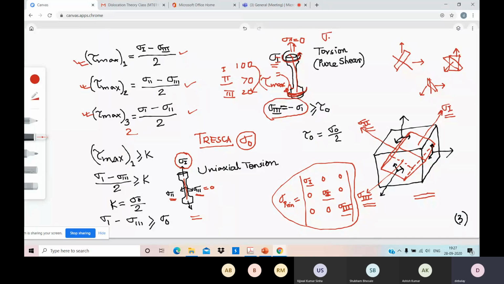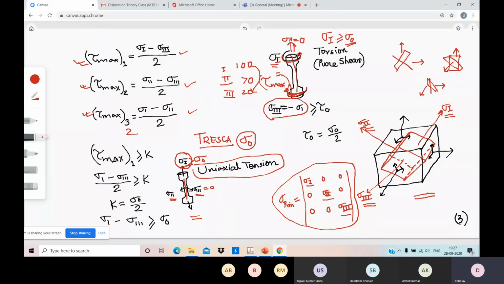When sigma 1 exceeds sigma naught, that is the condition for yielding to occur. And what is sigma naught? Sigma naught is called, sorry, this is my tension condition. Sigma naught is called yield strength in uniaxial tension.